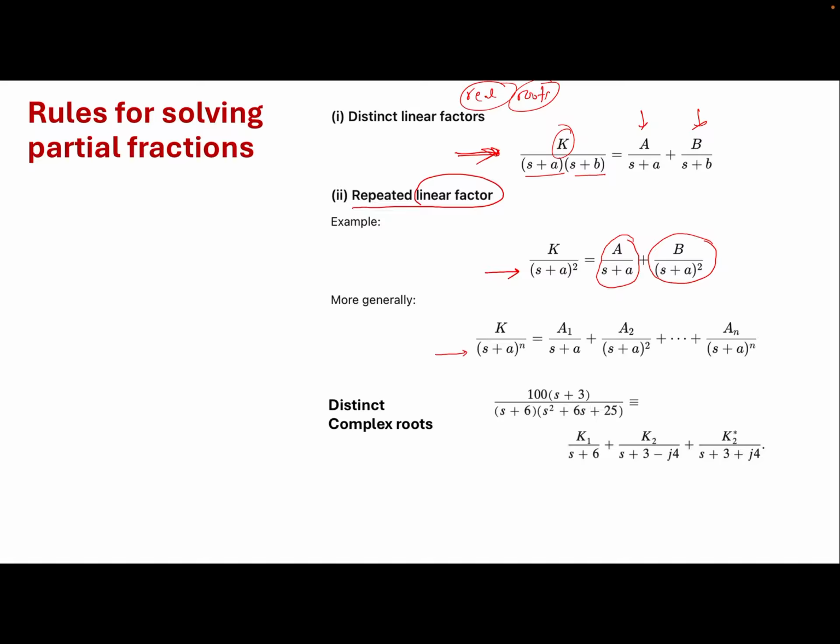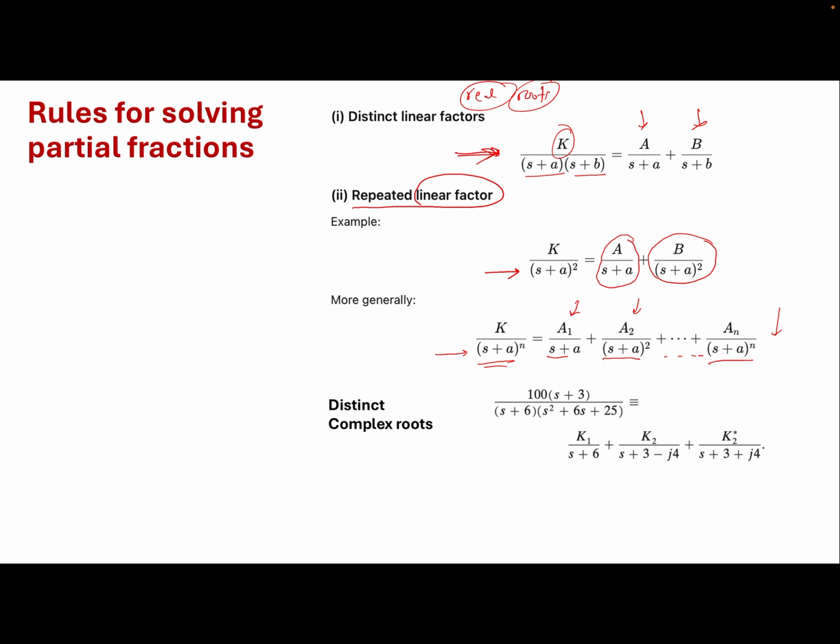Similarly, if you have s plus a to the power n, let's say n is 3, you can have one constant over s plus a, a second constant over s plus a squared, all the way to s plus a to the power n.